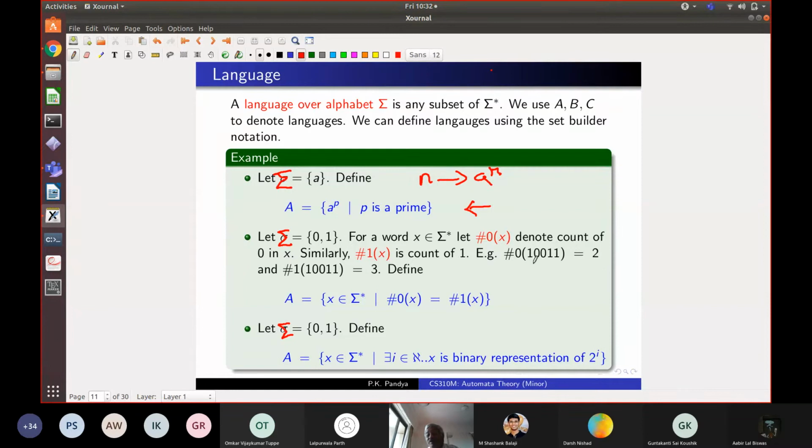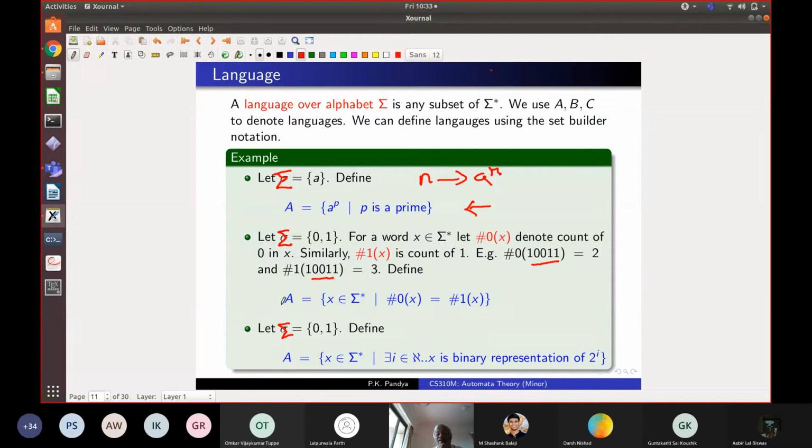For example, if your string is 10011, then the count of 0 is 2 because 0 occurs 2 times, and the count of 1 in the same string is 3. Is the notion of count of a letter within a string clear? It's an extra notation that we are introducing.